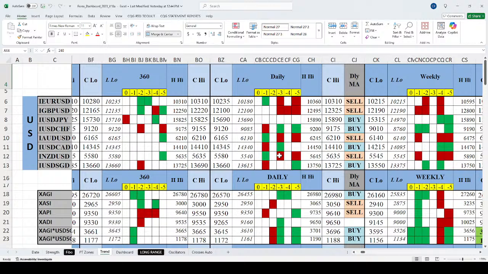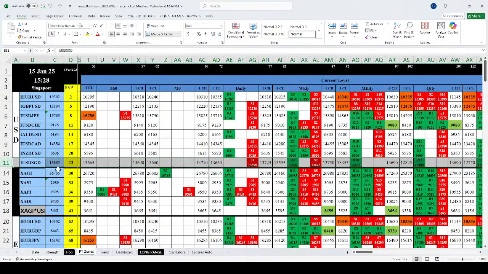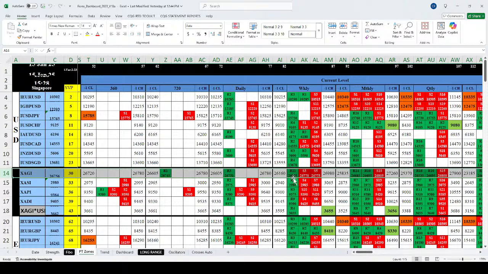So what is happening then? I think of course we need to get the chart for verification and confirmation. So let's see on the PT zones. We are seeing some strength on the 12 hours. Daily we are seeing some strength, and weekly we are seeing a strong buy and 2 selling force involved.